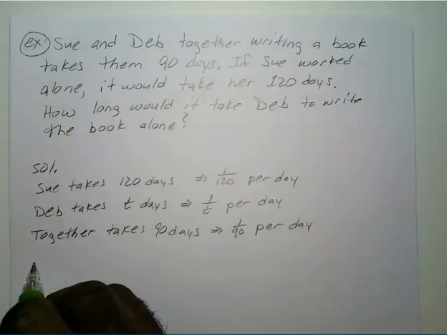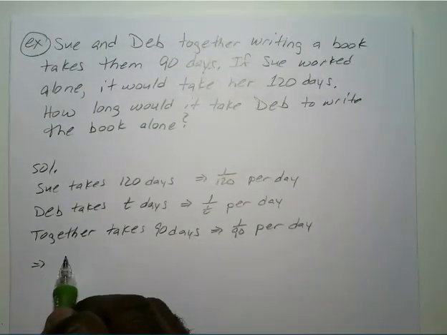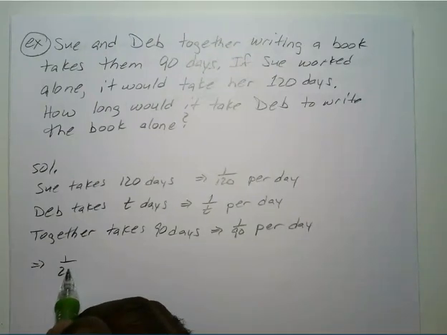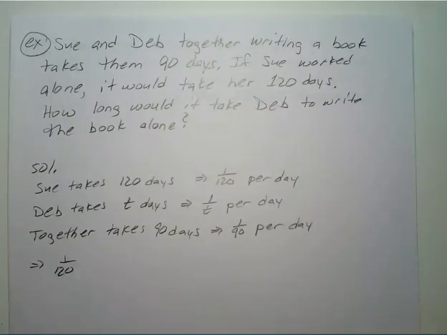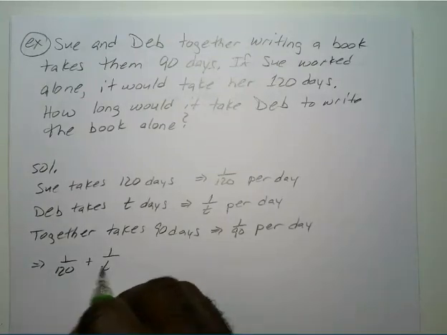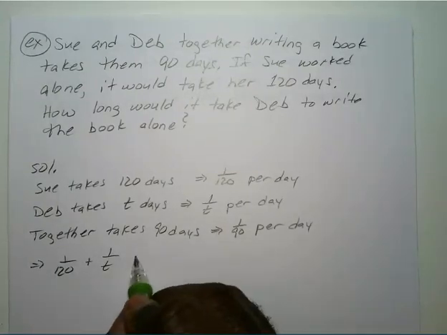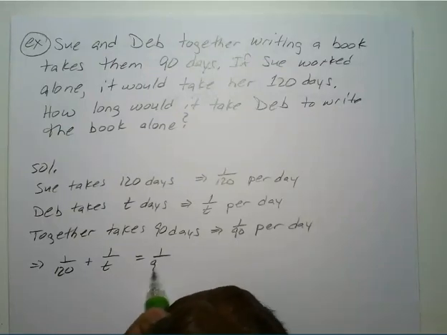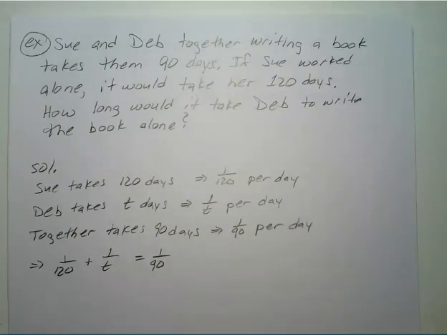So in one day, you have Sue, who contributes 1/120th of the book, plus Deb, who contributes 1/T of the book. So they finish 1/90th of the book per day together.